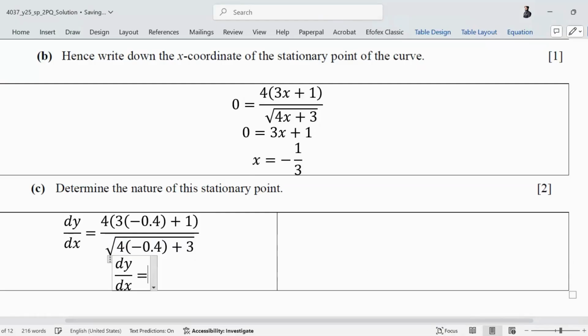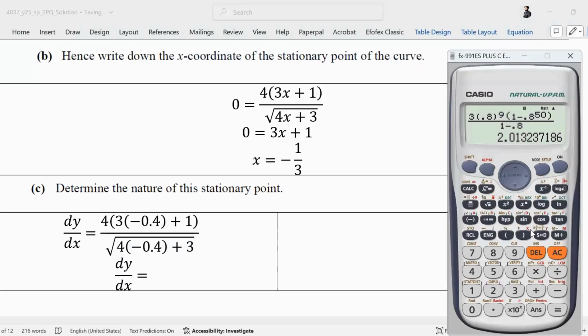So my derivative before the turning point, on the left of the turning point, is 4 into (3 times answer plus 1) upon square root of 4 times answer plus 3. I can write minus 0.4 as an answer. Wherever I have my x, I am putting the answer over here.